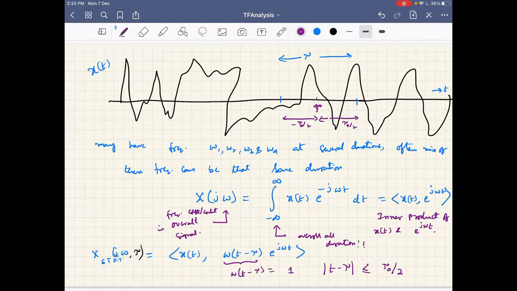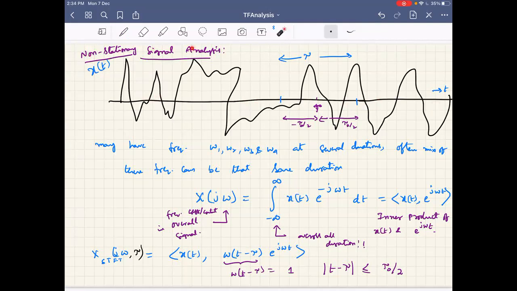So now, this kind of analysis is very important for signals which are non-stationary. That means the frequency content or the statistical parameters of the signal vary from duration to duration.